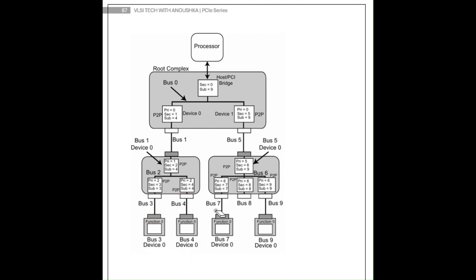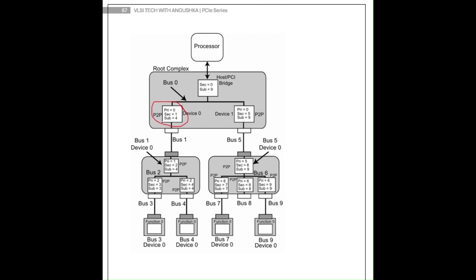How will we order the subordinate and secondary bus numbers? For example, here, this device's secondary bus number is 1 and subordinate is 4.